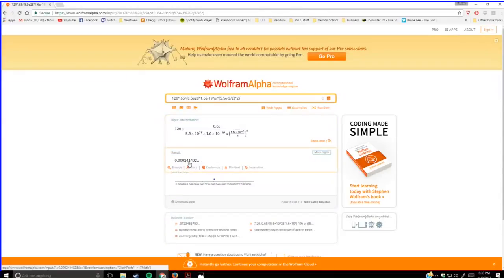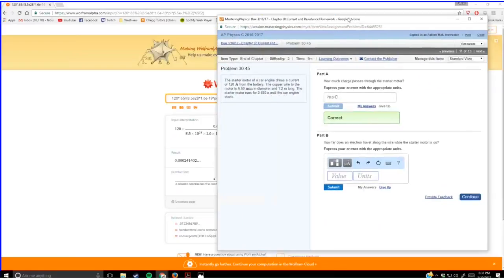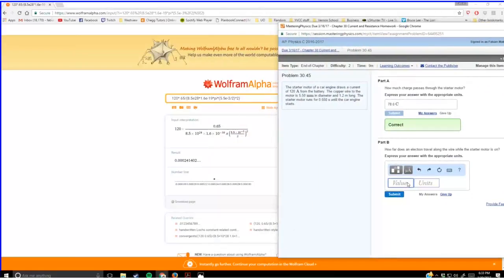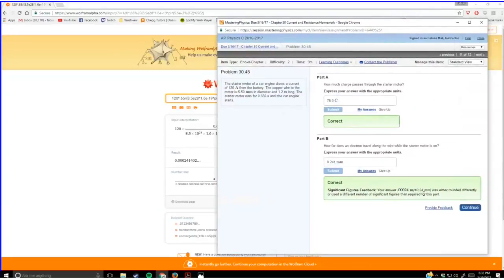So we'll put this number in: 0.00024 meters, or 0.24 millimeters.